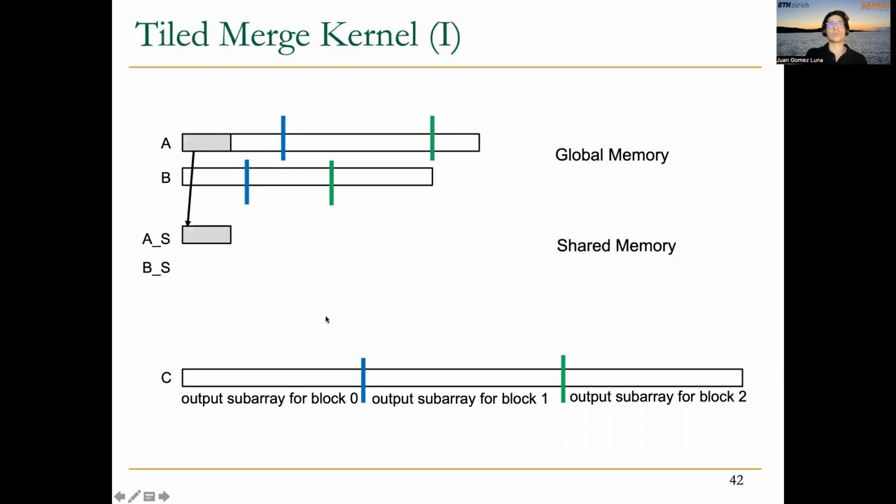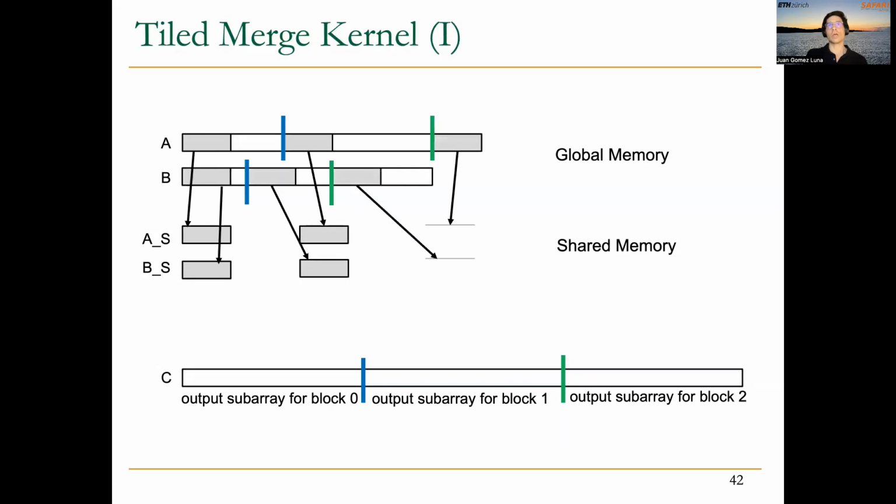So the next thing that threads in the same thread block will do is collaboratively load one tile of A from the global memory to the shared memory, and one tile of B from the global memory to the shared memory, and it is the same for the other thread blocks. This would be for thread block 1, and this is for thread block 2.